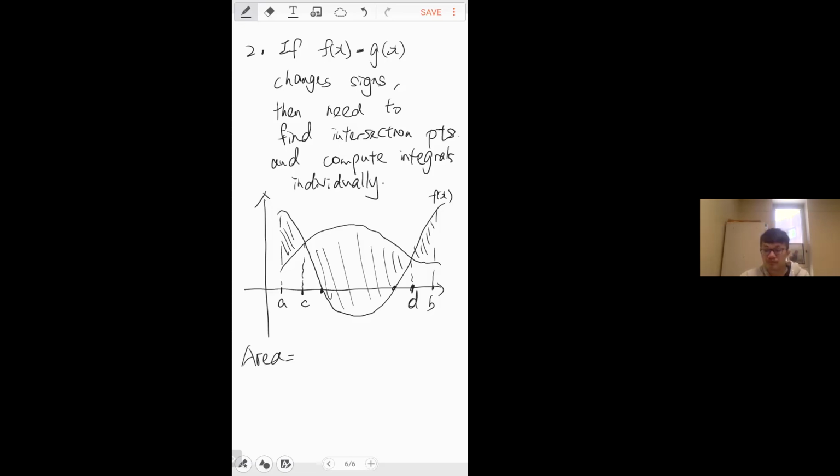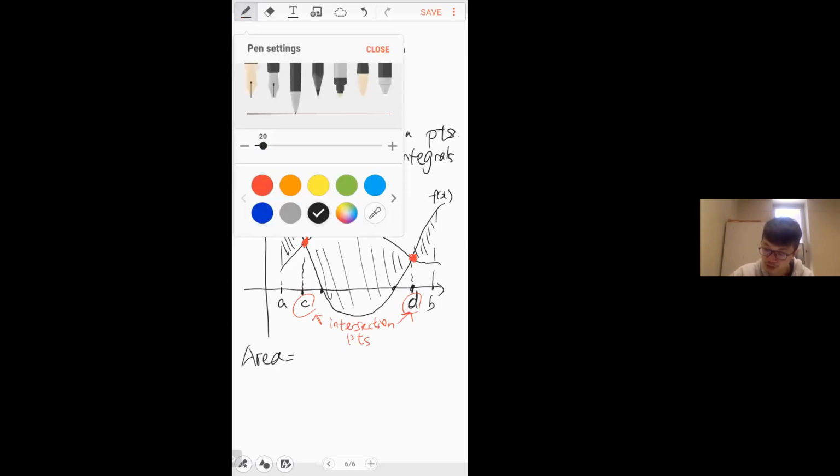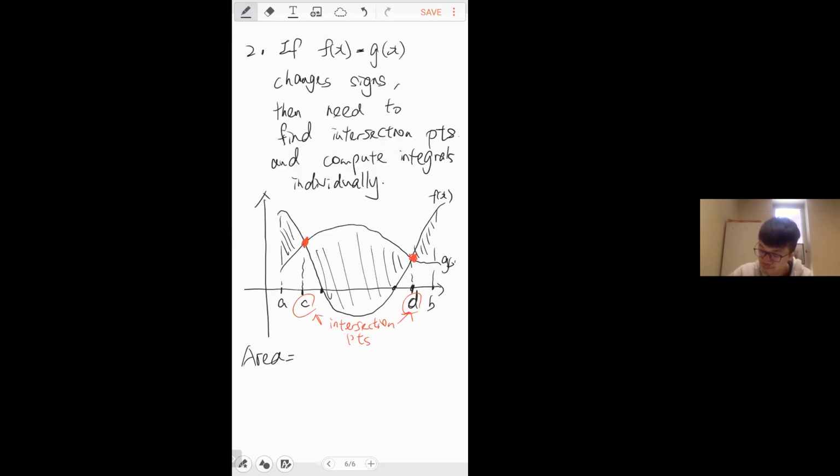Once you find out what the intersection points are, so these two are intersections. Right, so those are the x values when the graph of f of x and the graph of g of x cross each other.